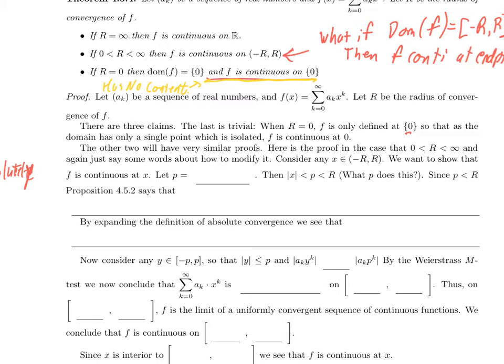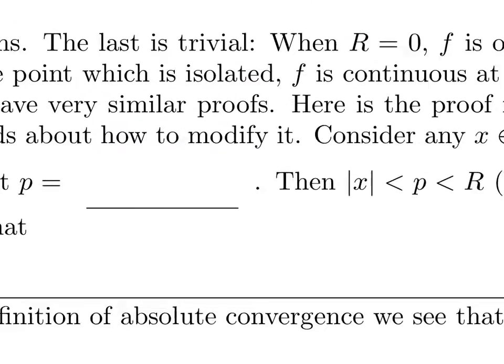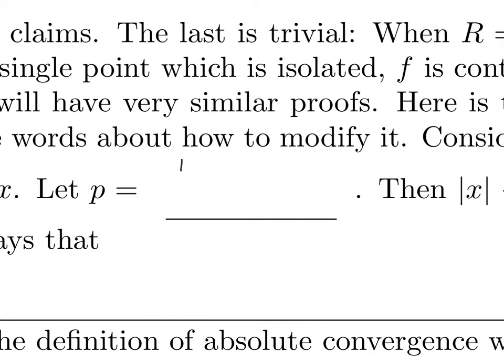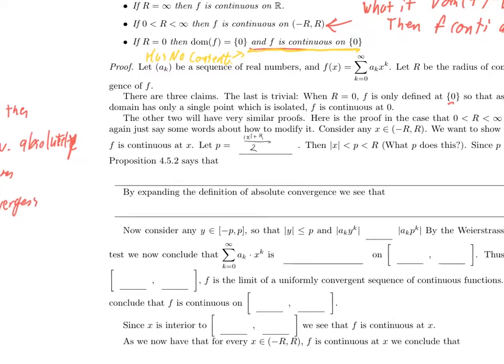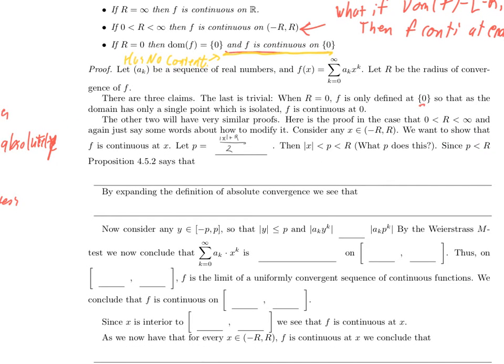Well, let's come up with a choice of p that is somewhere between the absolute value of x and r. Well, you know a way of coming up with such a number. How about the number that's halfway between the absolute value of x and r? Let's let p be the midpoint, the absolute value of x plus r over 2. Then I'll know that the absolute value of x is less than p.